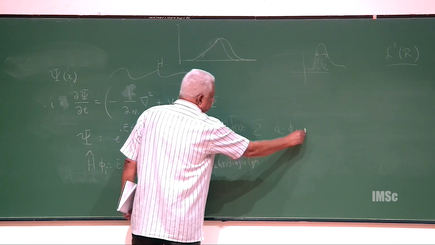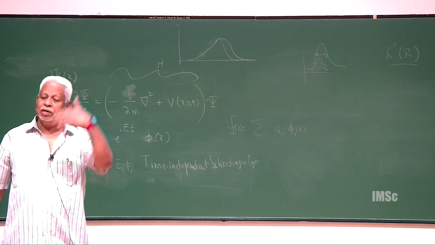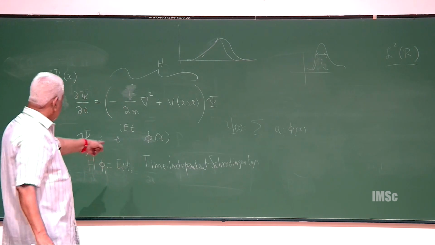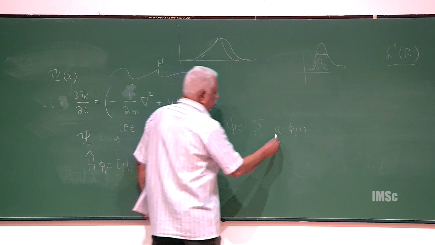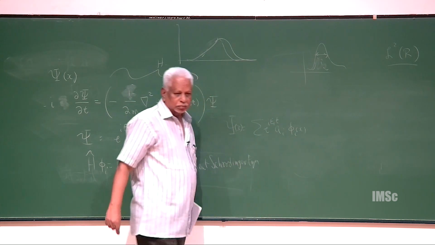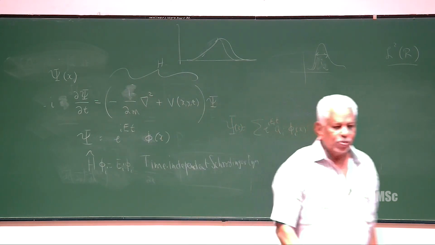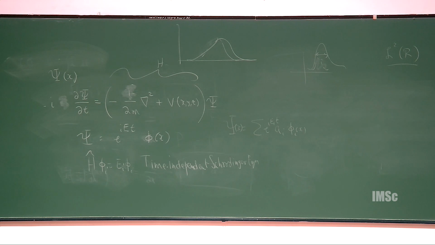What is the time development of this function? They will all go by e to the power minus i E i t. Each one will evolve with time only by e to the power minus i E t. So in an arbitrary function, each frequency will evolve differently in time. So you will have the whole function evolving in time in different ways. That is what is happening.